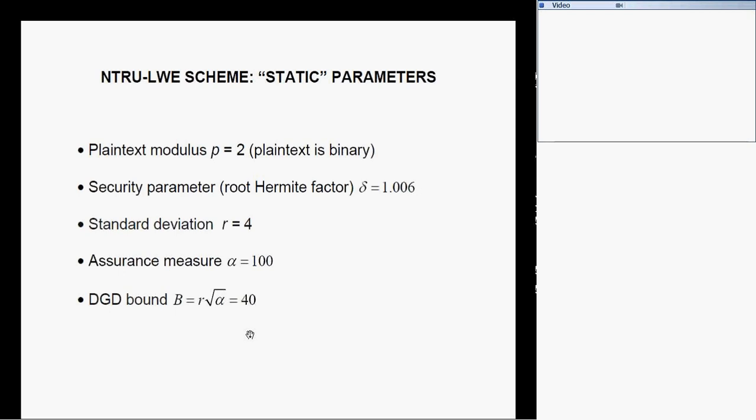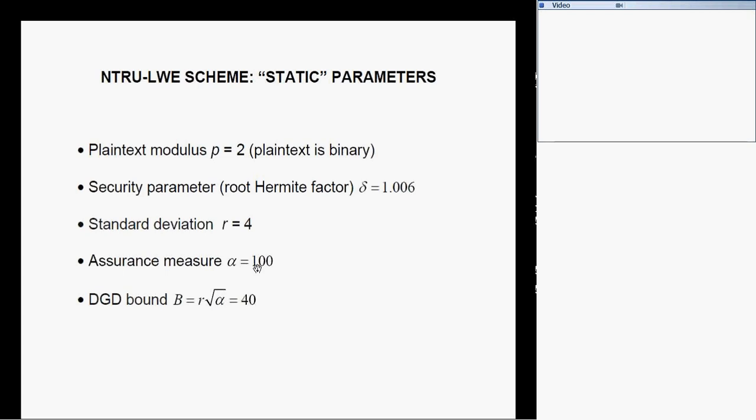In the particular scheme we're looking at, if such an improbable event occurs, we can always resample the coefficient so that we get a value inside that range. But for practical reasons, we're never going to go outside that bound. So alpha is just the probability that a coefficient will go outside the bound.